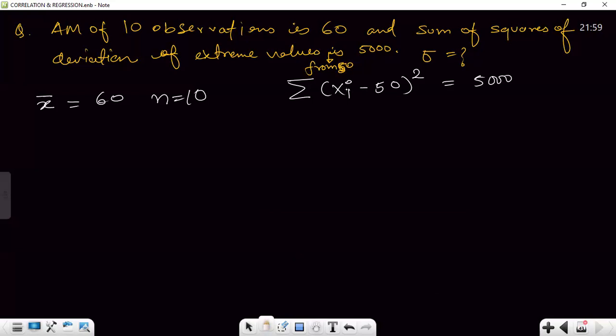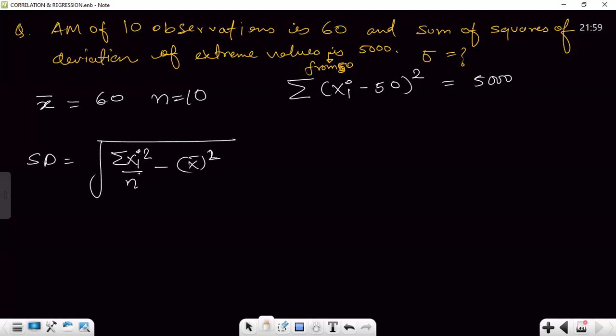Now we have to find the standard deviation. For standard deviation, we need the sum of square of deviation from the mean, not from 50. So this data is not directly useful. What is useful? We know the standard deviation formula when we know the mean.